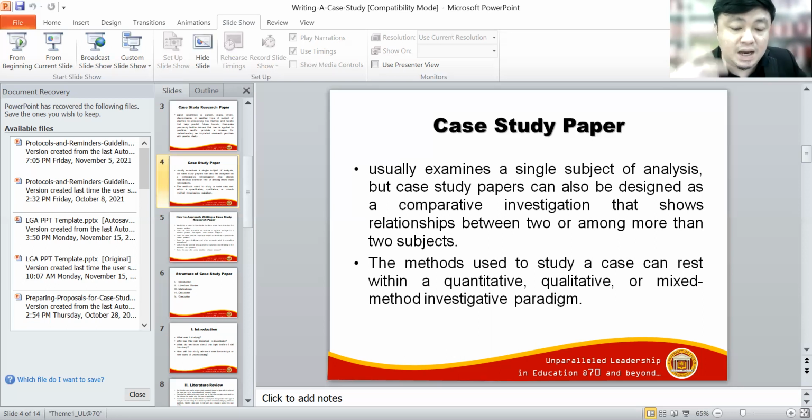Then we also have, if your subject of analysis is a phenomenon. Okay, so a phenomenon refers to a fact, occurrence, or circumstance that can be studied or observed, but with the cause or explanation in question.